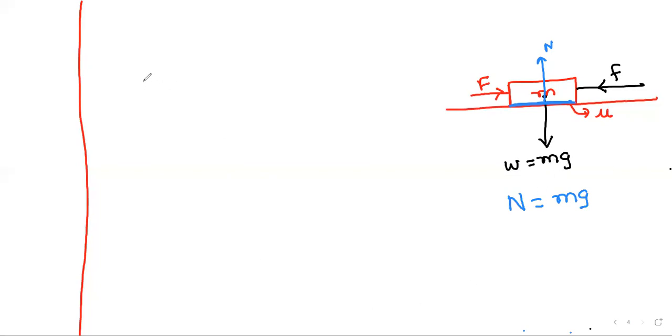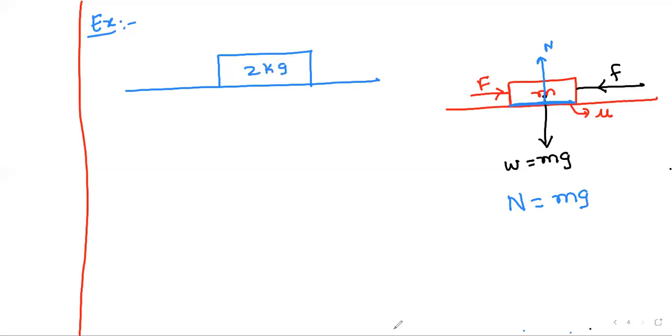Let us consider an example. I have a mass of 2 kg, and a coefficient of friction mu equal to 0.25.